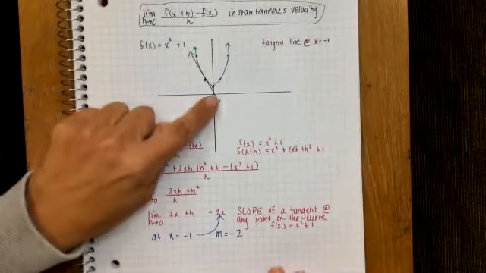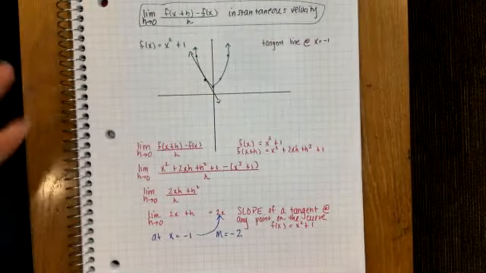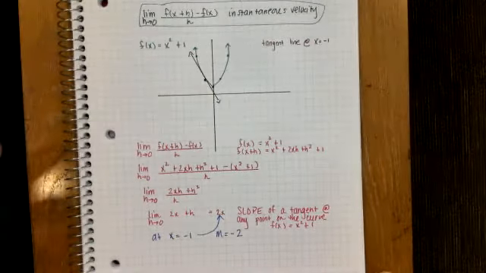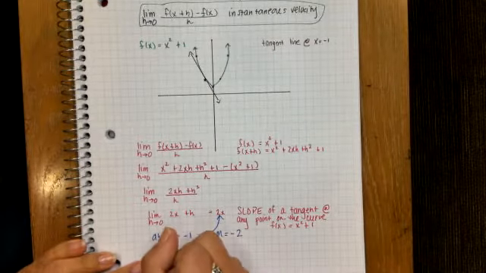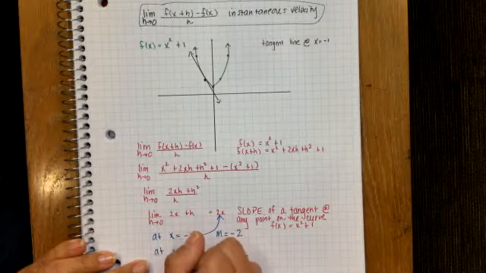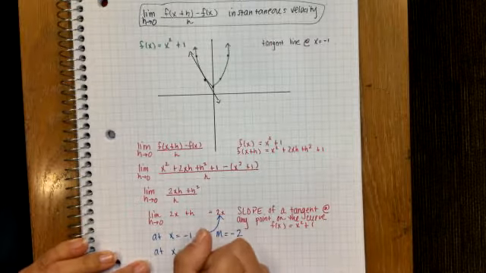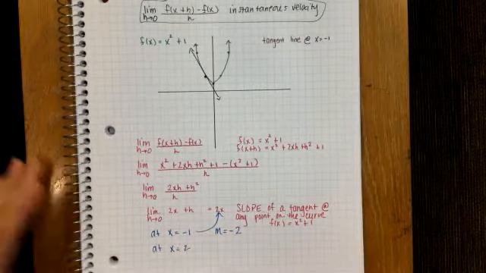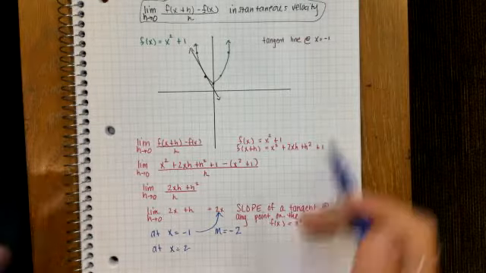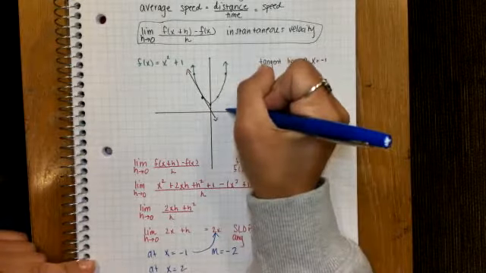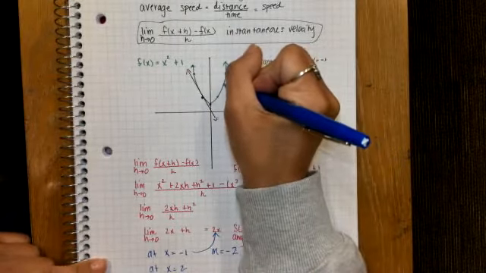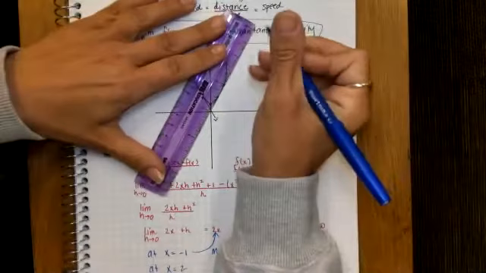And that kind of looks doable, even on my approximated graph. What if I ask you at x equals 2? I'm just going to approximate a tangent line. So 1, 2, it's about here-ish.